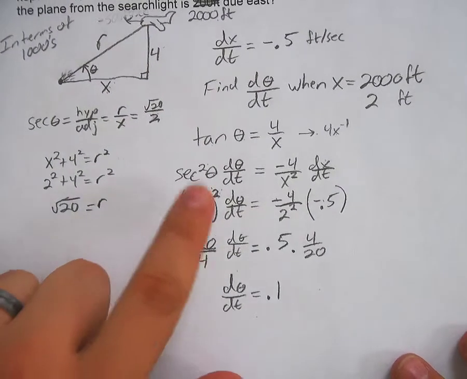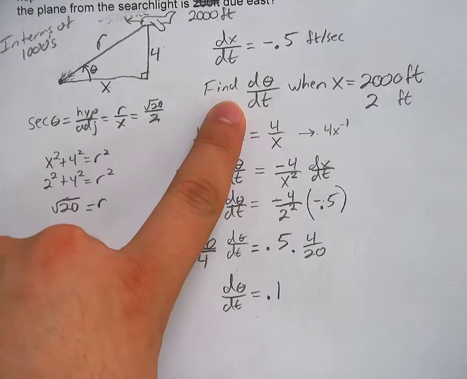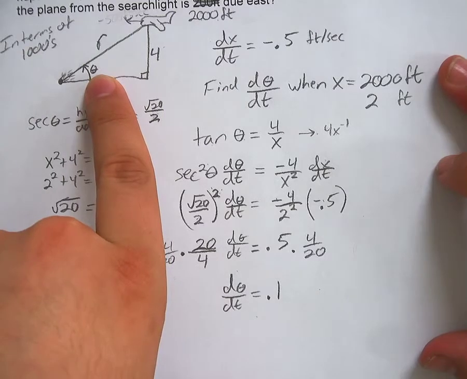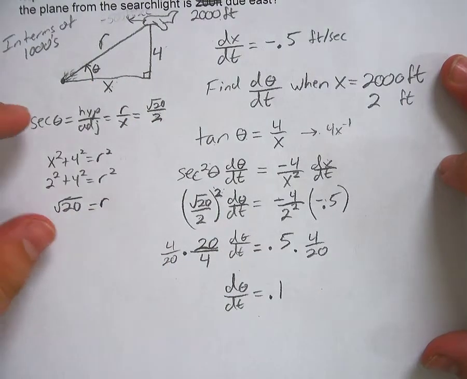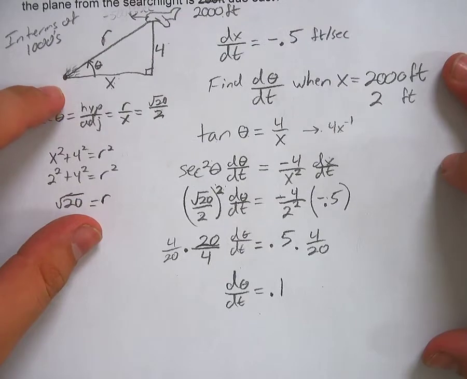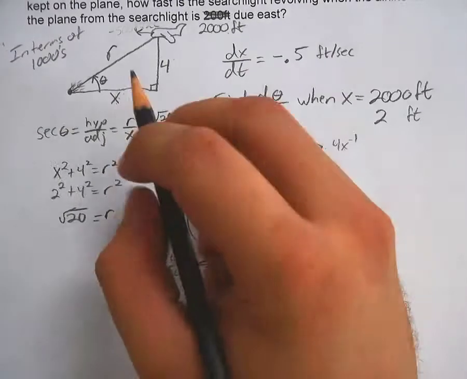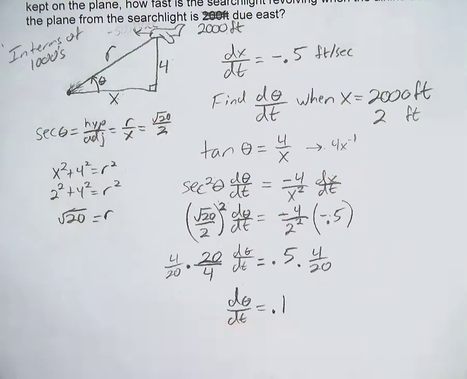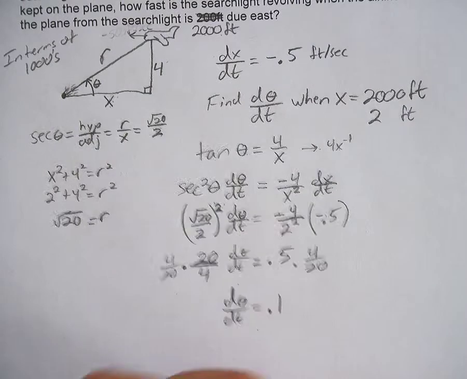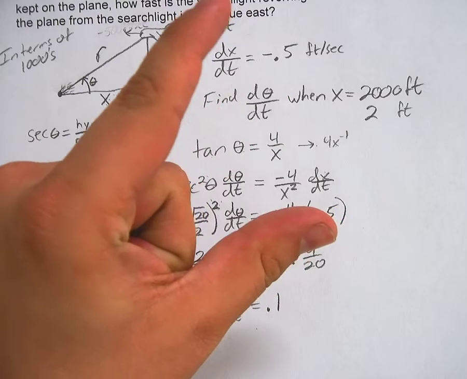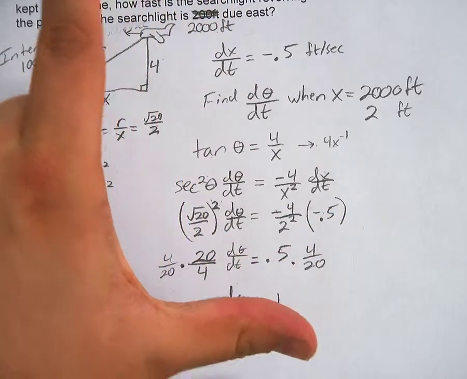Now that's what we were solving for, right? D theta dt. But what is that measuring? That's measuring how fast this is changing, right? Since we're measuring like this, what's changing here? What in the world is changing? Well, what I'm changing is how many radians this angle is being measured at. It would be at a really small radian, and then as the plane got closer, it would kind of turn up like this, and then the radians would keep getting larger and larger and larger.